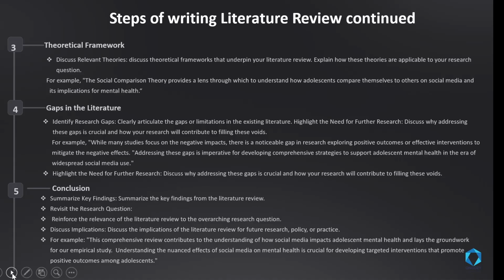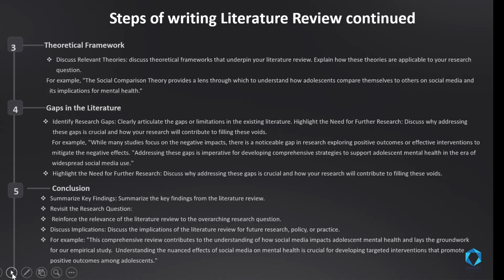Okay, then the next thing that should be in your literature review is the research gap, which I've said we are also going to discuss in another video separately. So in the research gap, you just articulate the gaps or limitations in the existing literature. You have already gathered your literature together. You have already discussed it.